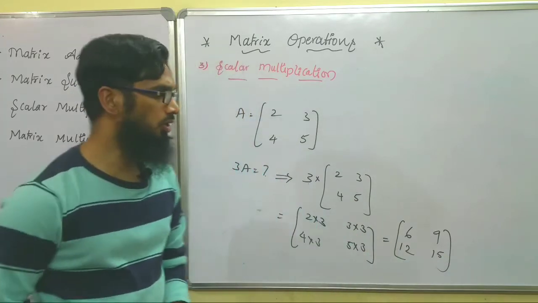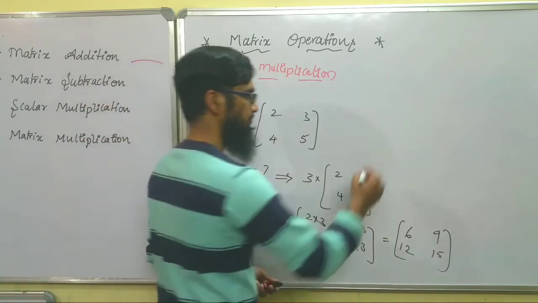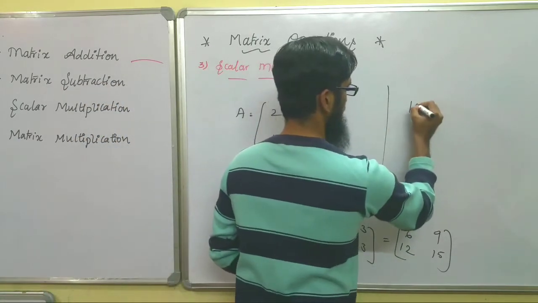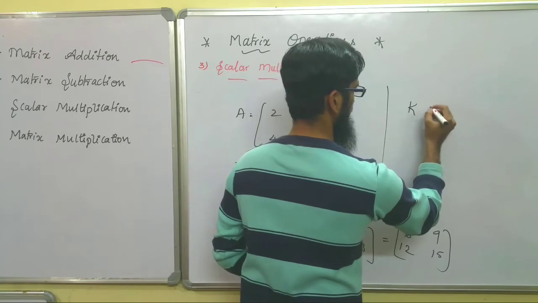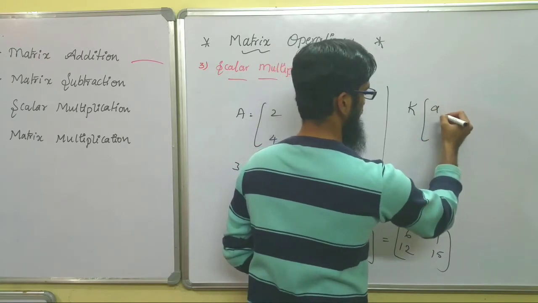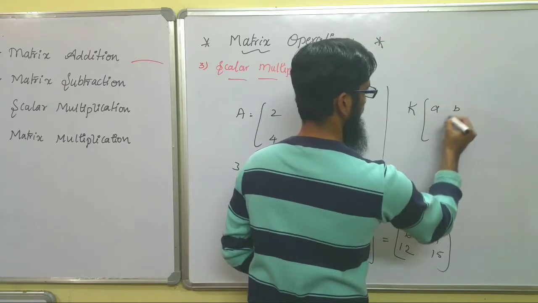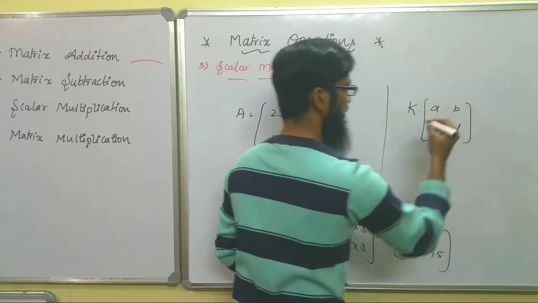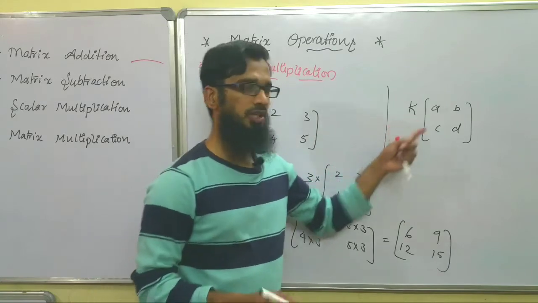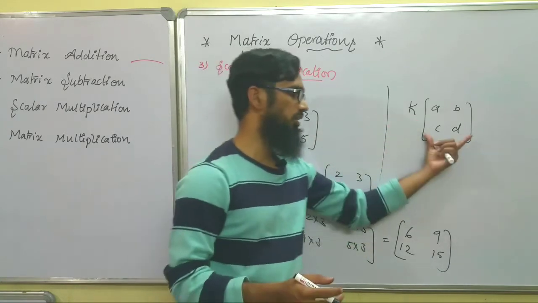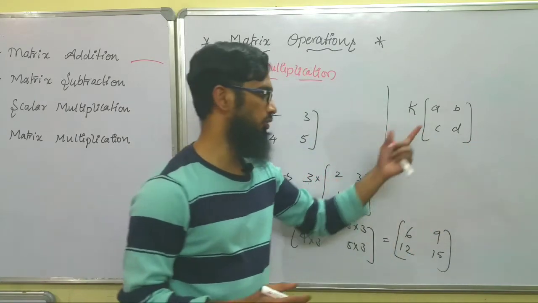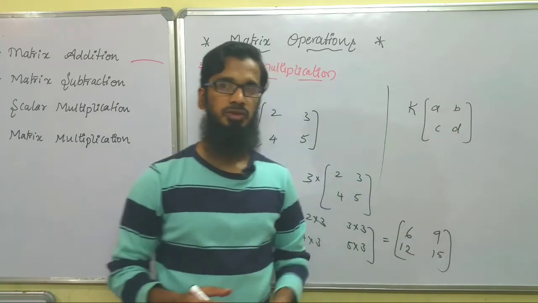This is the matrix we are getting, and that is scalar multiplication. In general, suppose I take k as a constant and the matrix as a b c d, where these are the elements of the matrix.